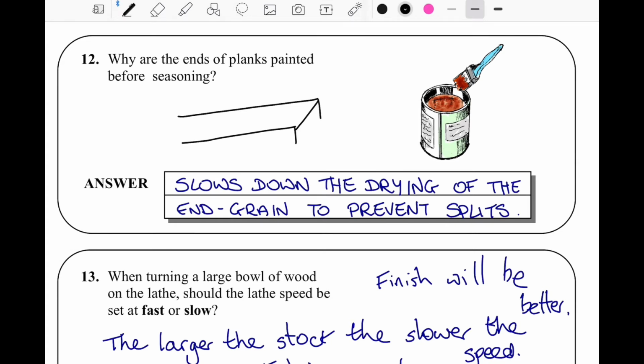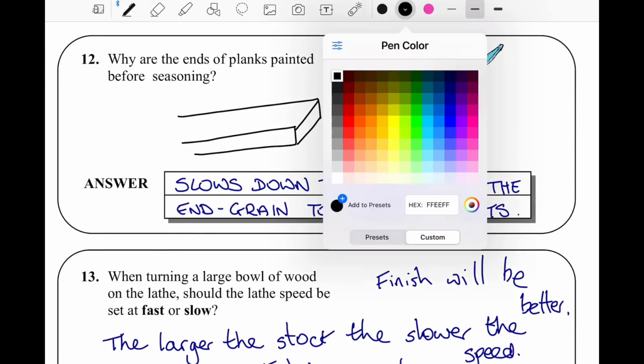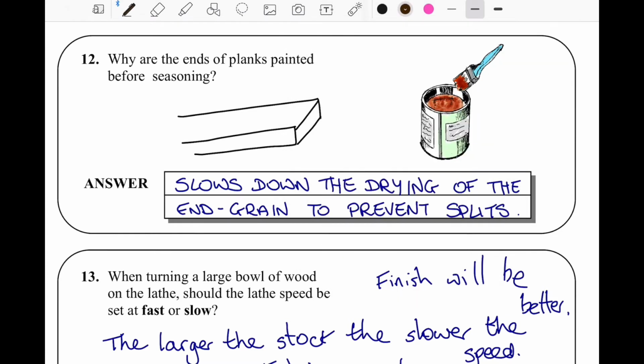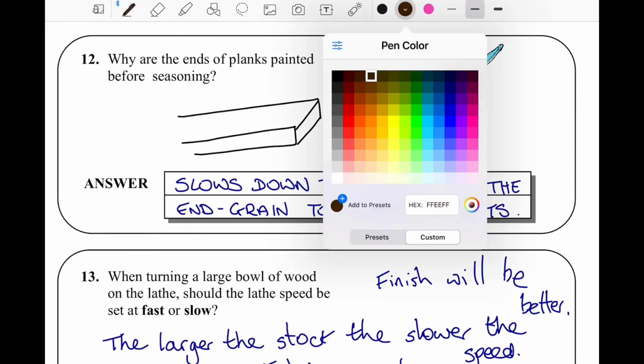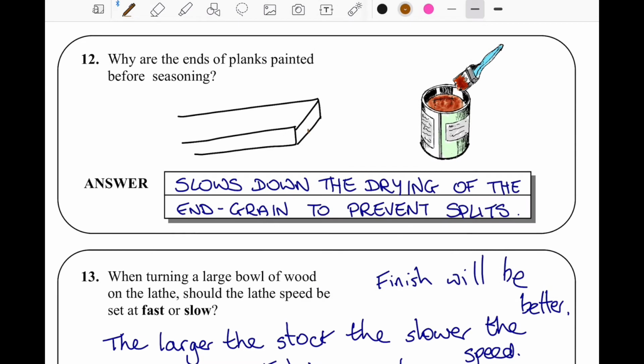You're seasoning that timber, and that timber has end grain that looks something like this at the end, whereas along here we're looking at the side of those grains.